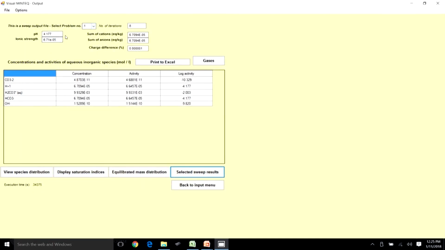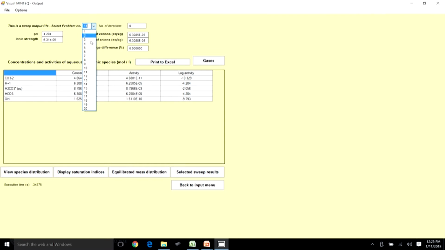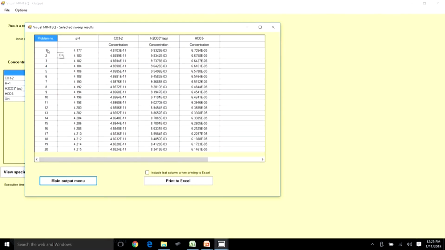This is for your particular sweep 1, but you know that we asked for 20 steps, or iterations, when we added H plus at minus 0.1 concentration. You can choose them individually and look at the relevant concentrations, or I can just choose the selected sweep results, and I am going to have problems 1 to 20 and how the pH changes.